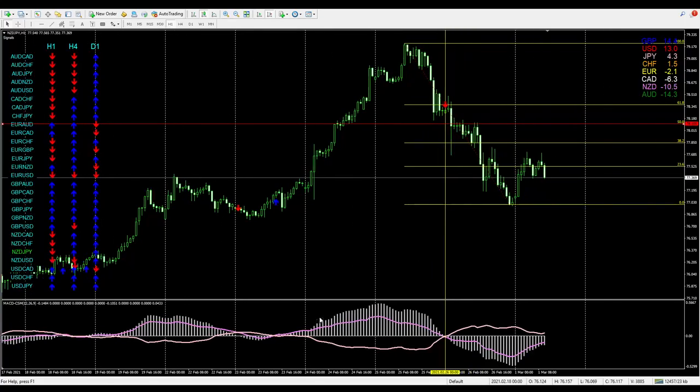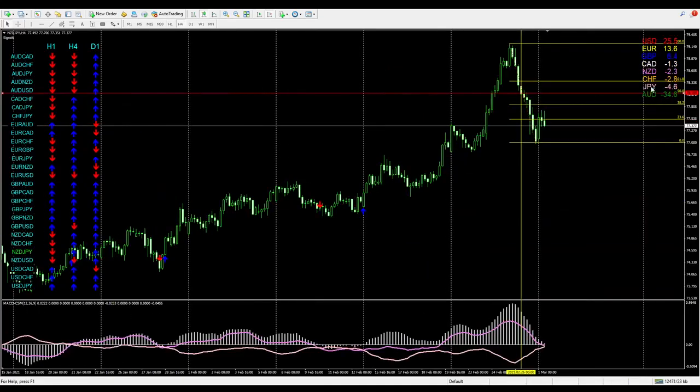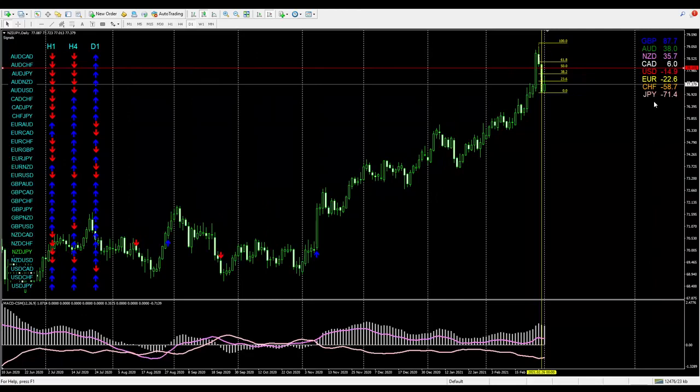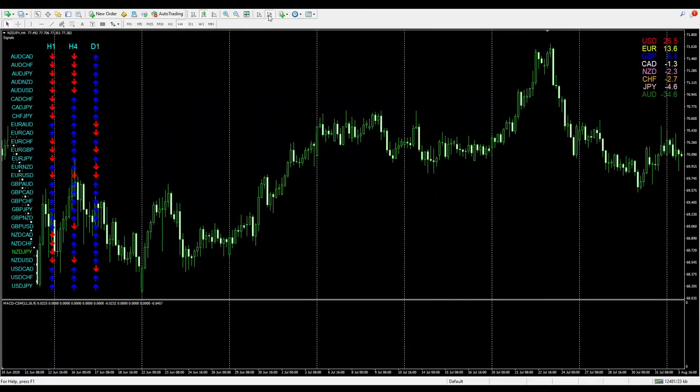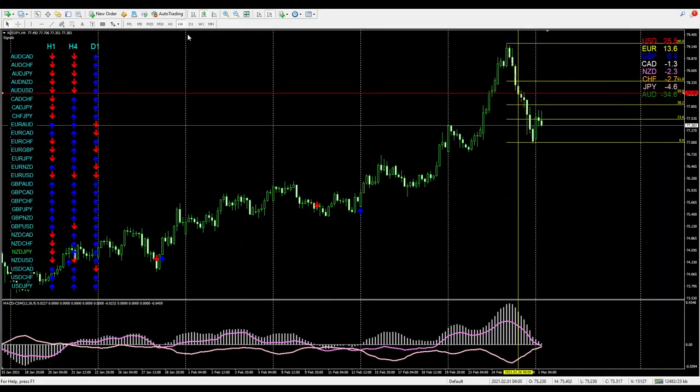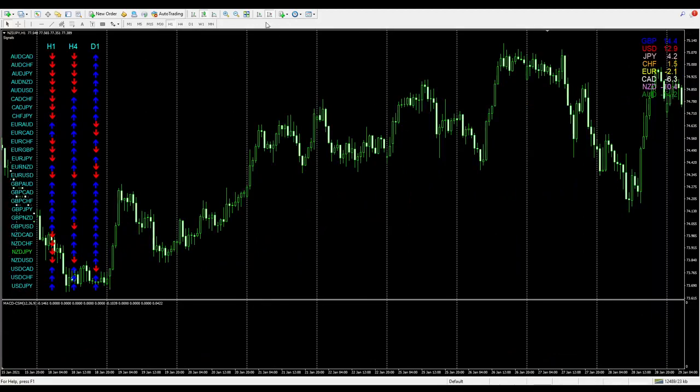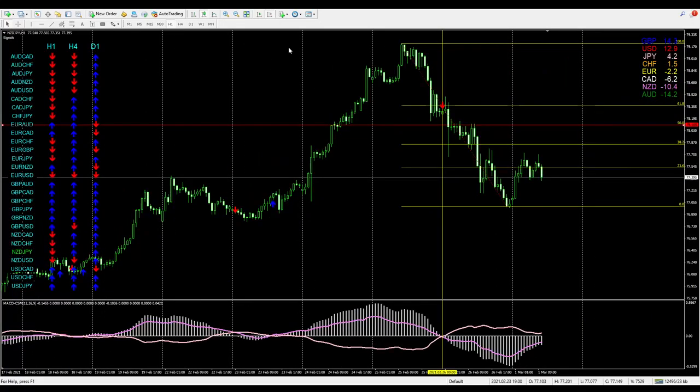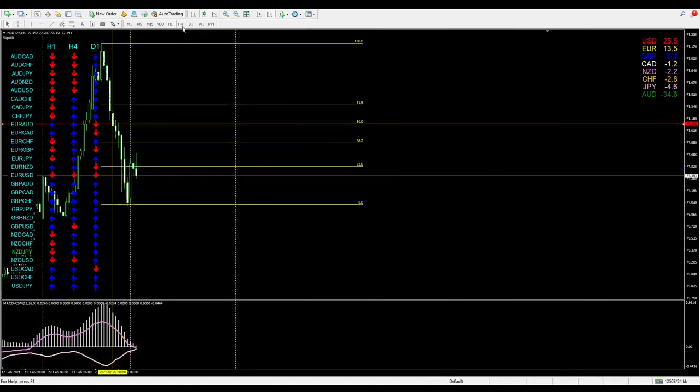But actually, let's check JPY, because I know JPY is really weak. The general trend for H4 and D1, especially D1, is the weakest. So if it's weak, most likely it would go up. But let's check.